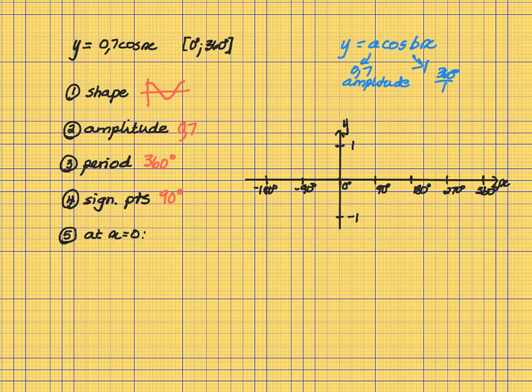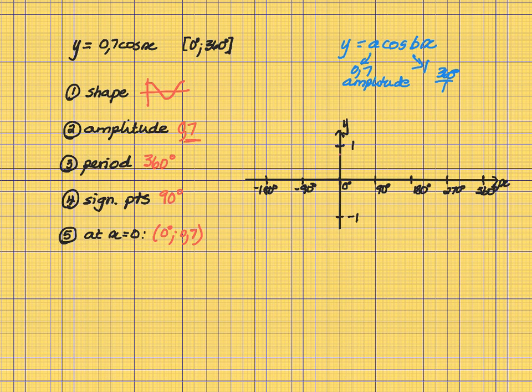And when x is equal to 0 degrees, so you substitute a 0 into your function in the place of x, you will get 0 degrees and 0,7. So notice it's not 1 like the standard cos function. It corresponds with the amplitude up here. So let's plot those points.